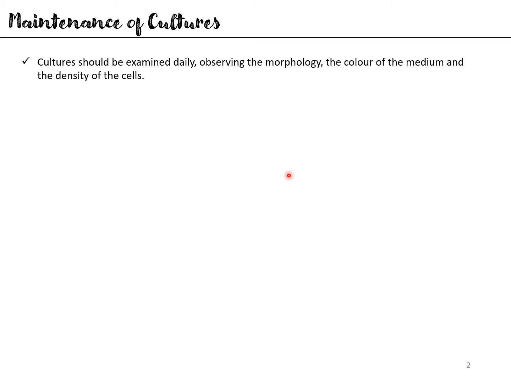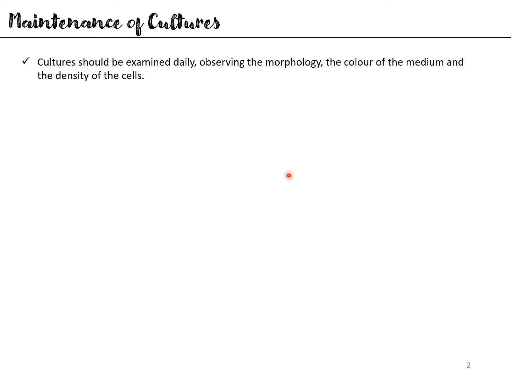If the pH does not look okay, you take the plates out and visualize them under the microscope to see: is it because A, your cultures are very confluent, or B, there is some contamination, because sometimes contamination would also cause a change in the pH, or C, there is enough space available in the cell culture plates for growth, but your medium has fallen short, whatever nutrients were there have been utilized, and the medium needs to be replenished.